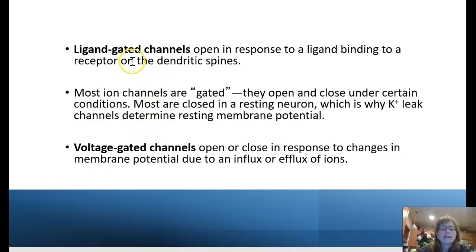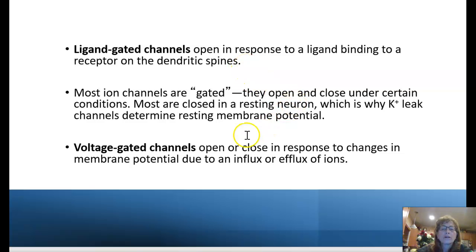So the ligand-gated channels are the ones that we see on the dendritic spines. These are the ones that are going to open in response to some neurotransmitter landing on them. The neurotransmitter stays outside in the synapse, but the ligand-gated channels are going to open and let some ion in. Most of these we would call ionotropic.